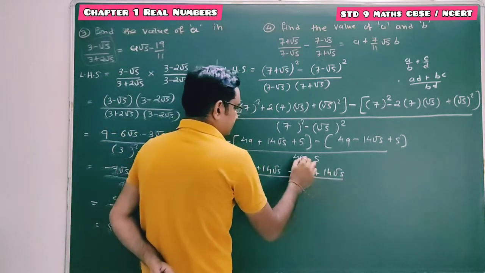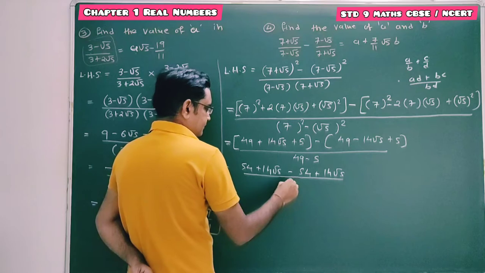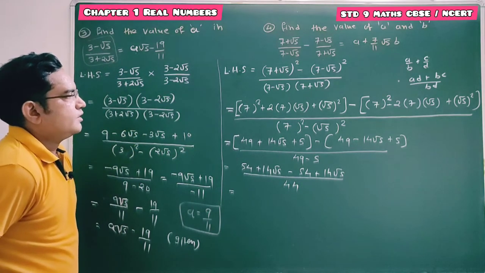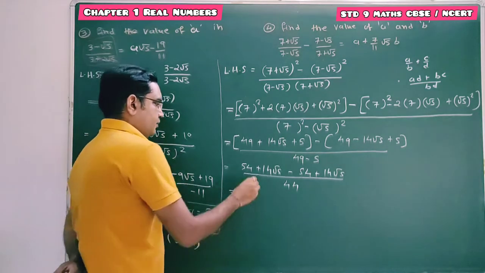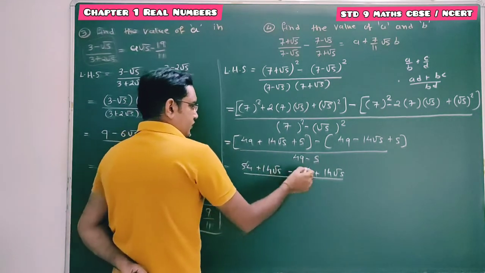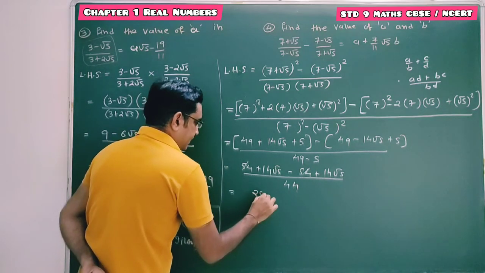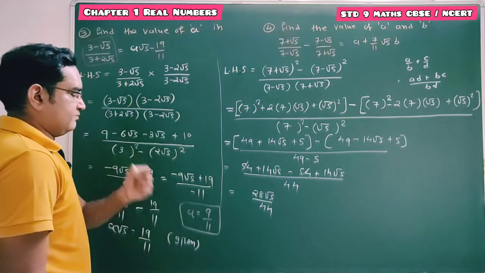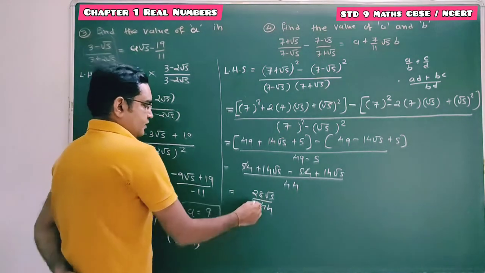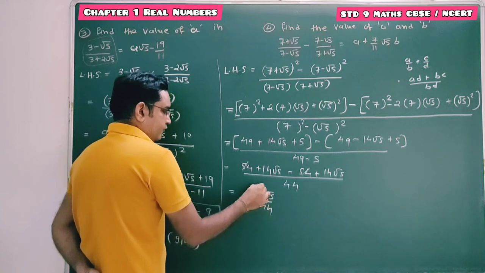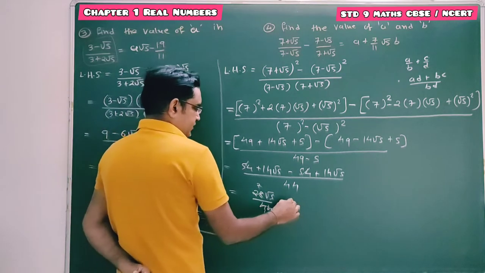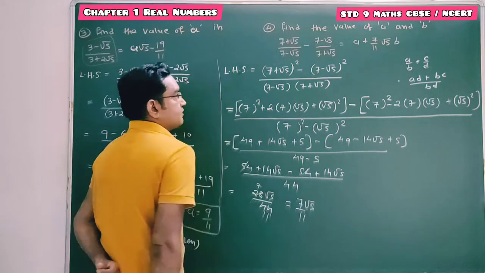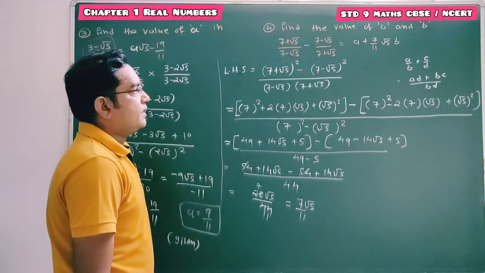And divide by 49 minus 5, 44. Done. So here, this cancels: 54 minus 54 is 0, and 14 plus 14 is 28 √5. 28 √5 divided by 44. We will do cutting: 7 fours are 28, 4 elevens are 44. So this is equal to 7 √5 by 11.